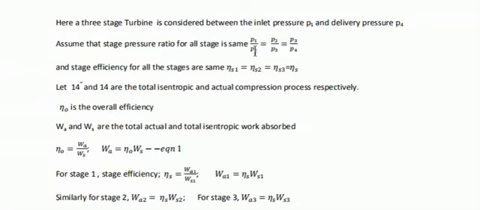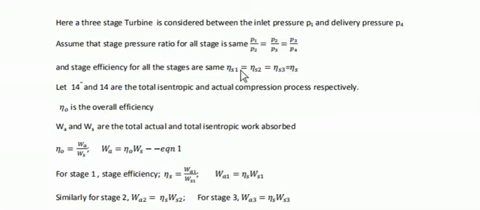The pressure ratio between each stage is the same. That is our consideration. Also we assume that the stage efficiency for all the stages is the same, that is, eta s1 = eta s2 = eta s3 = eta s.